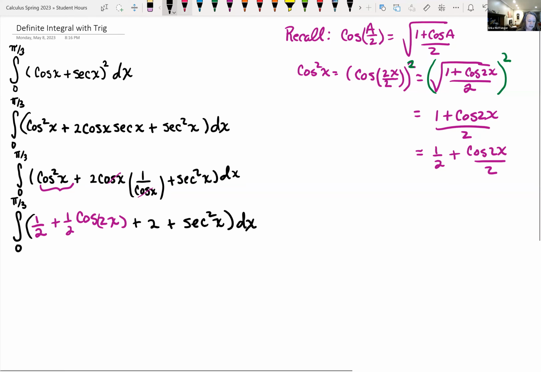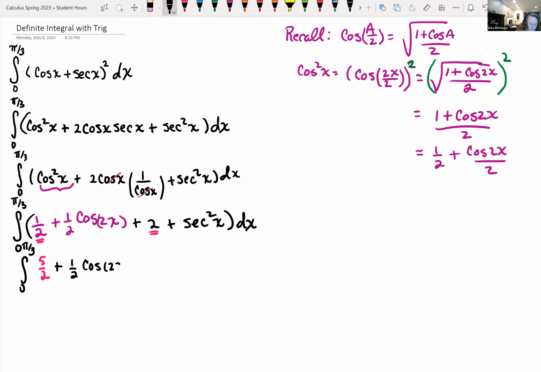I notice I can simplify this a little bit more in my integrand. I have 2 constants. I have 2 and 1/2, so I can sum those. So if I got a common denominator, that would be 4/2 plus 1/2. So this is 5/2. So I have the integral from 0 to pi thirds of 5/2 plus 1/2 cosine 2x plus secant squared x.